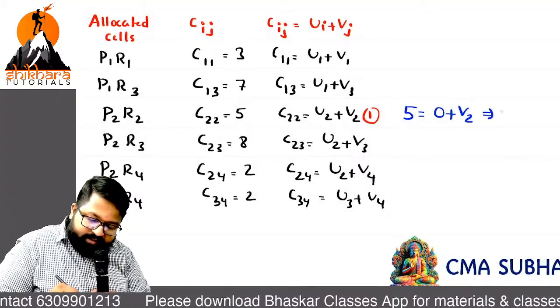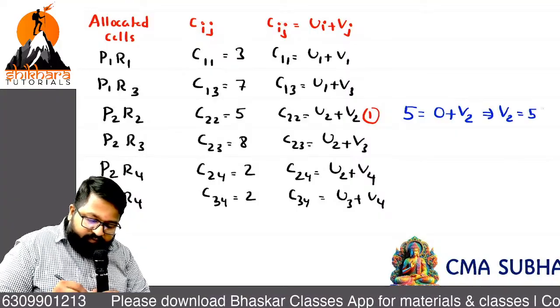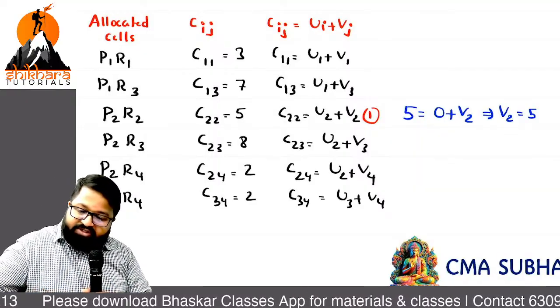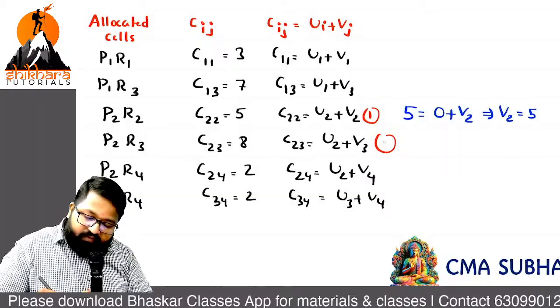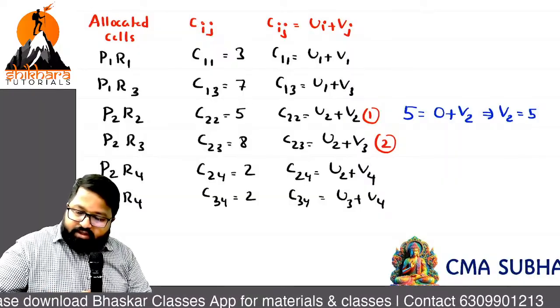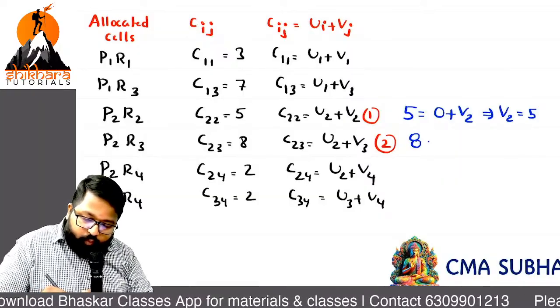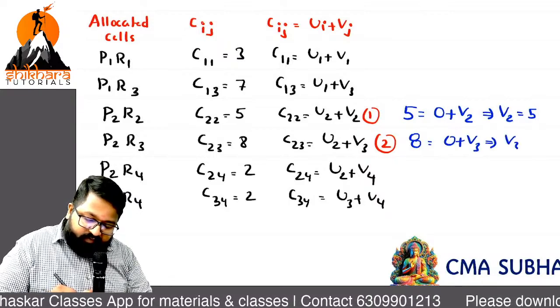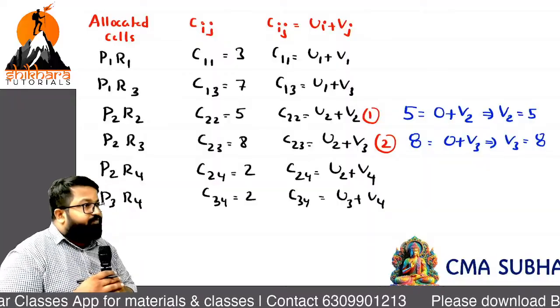That implies V2 is equal to 5. And in the second equation, we can unlock that too. That is 8 is equal to 0 plus V3. Therefore, V3 is equal to 8.